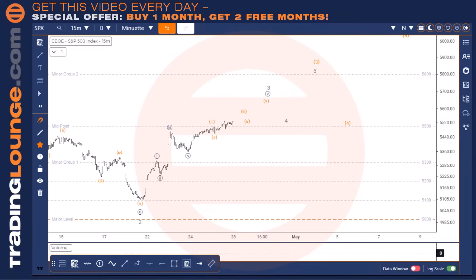On the charts when we look at the stocks, I put the earnings dates on there. Now, those earnings dates weren't confirmed, but they are confirming now. So we've got Apple on the 1st of May. We've got Amazon on the 1st of May as well. We've got Meta on the 30th of April.